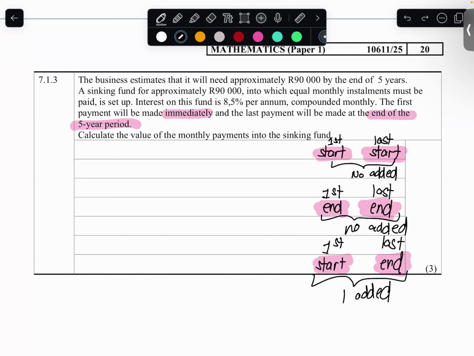Okay, so we have the future value formula, because a sinking fund is an F formula. F is equal to X into (1 plus i) to the power n minus 1, all over i. The sinking fund was set up for 90,000. Don't do the subtraction because they told you the sinking fund is set up for 90,000.